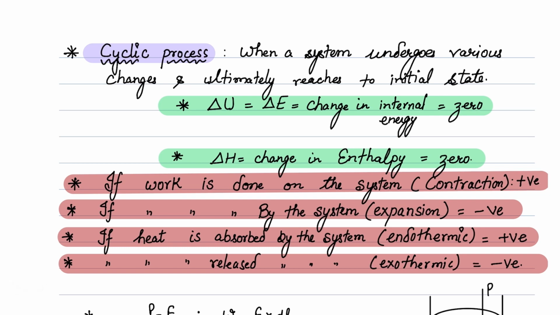Now, moving on to our next term in this chapter, that is a cyclic process. What do you understand by a cyclic process? Whenever a system undergoes any changes, but ultimately it reaches its initial state.